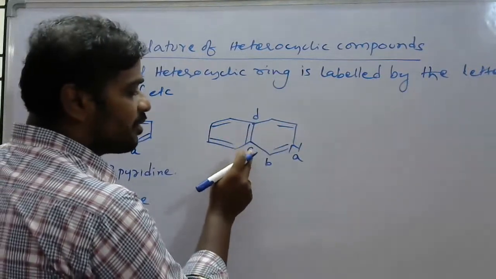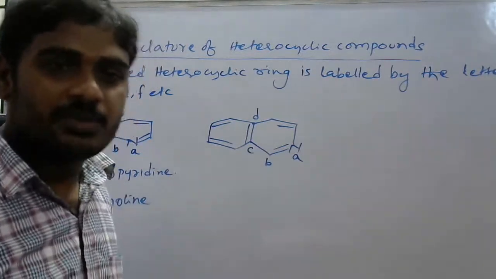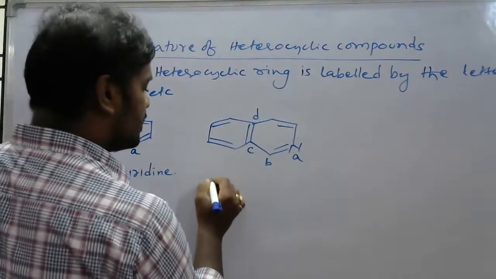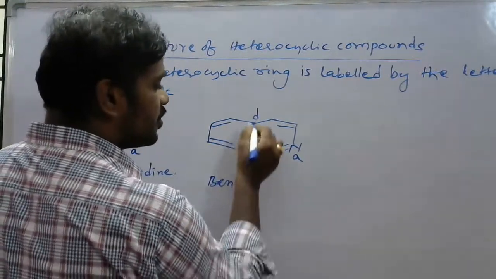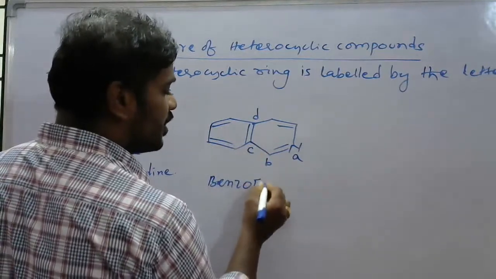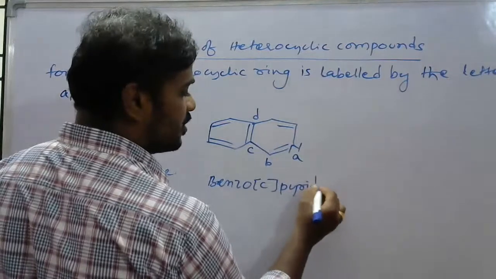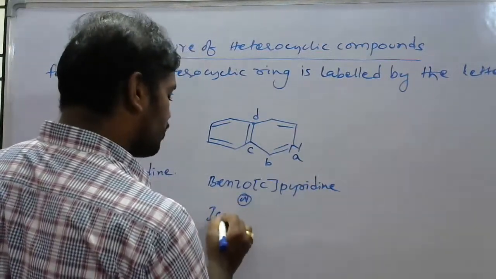The fused position is first position C and second position D. We only consider the first position and not the second position. So this is called benzo, benzene, fused at the first position C, benzo c pyridine, which is also termed isoquinoline.